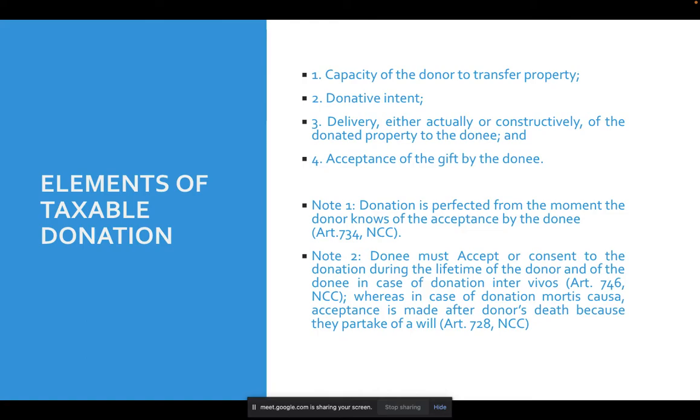Another one would be delivery either actually or constructively of the donated property to the donee. Merong actual delivery. And acceptance of the gift by the donee. Kaya ko sinabi kanina na dapat tanggapin kasi nga by the one who accepts it.